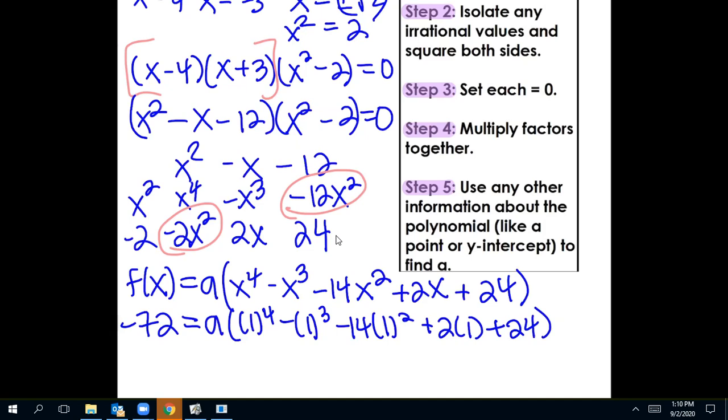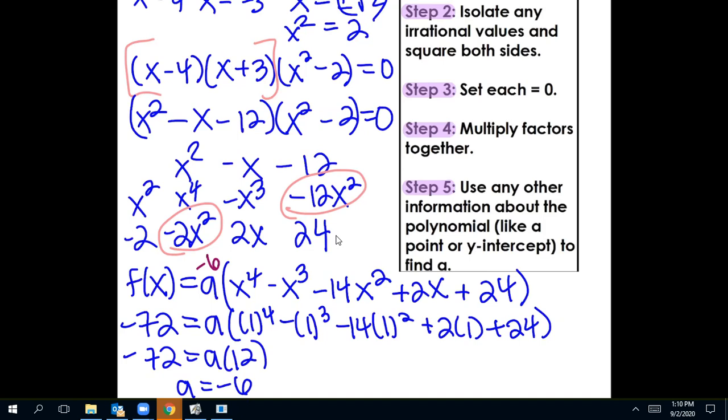So that's going to be negative 12 plus 24 is positive 12. And so a times 12, that means a is going to equal negative 6. And so again, like I said before, we're going to go back here, plug negative 6 in for a, and then distribute it all out.